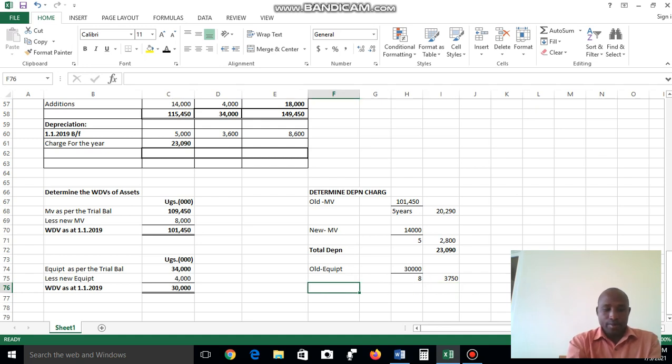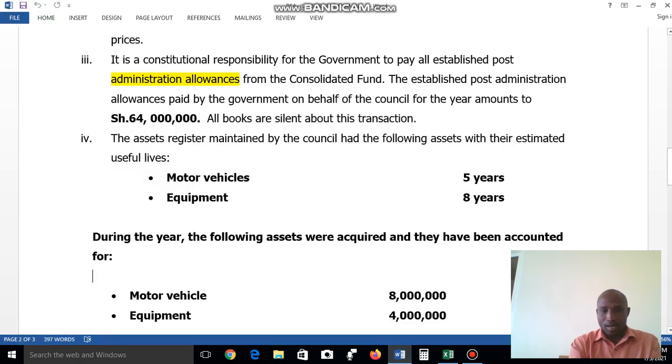Then the new equipment. We have the new equipment here. The newly acquired equipment was 4 million, because they acquired another equipment of 4 million.